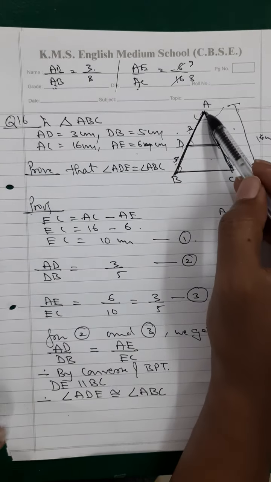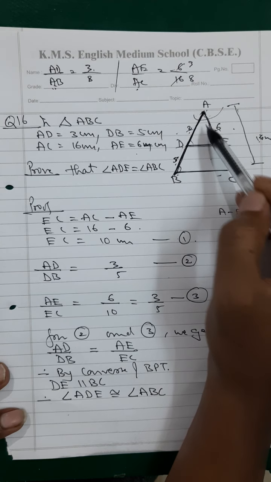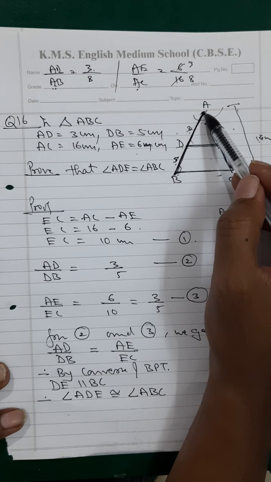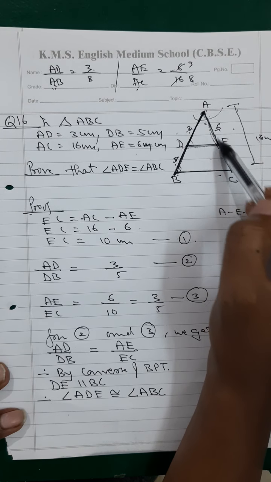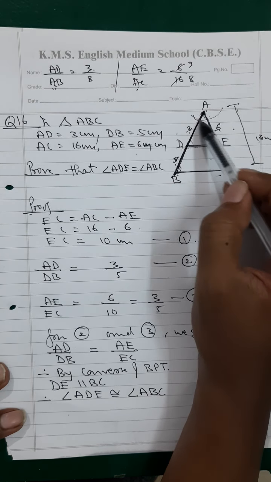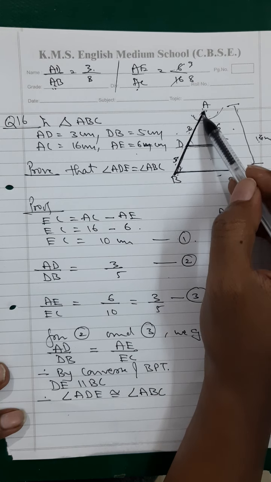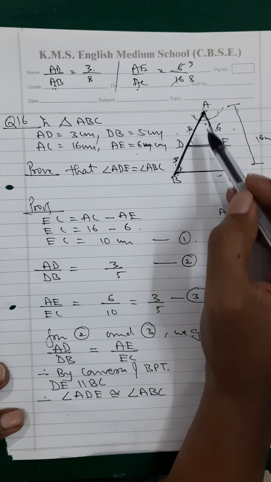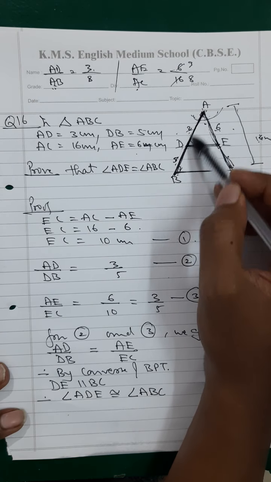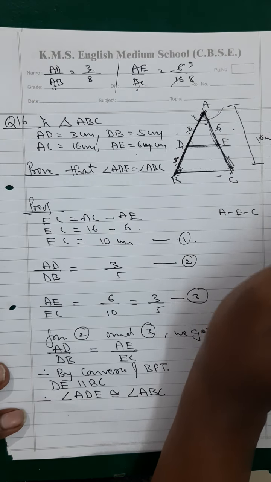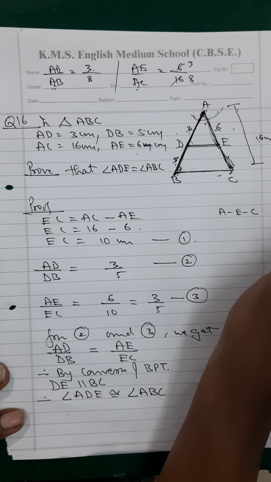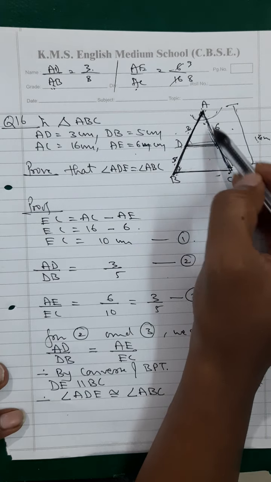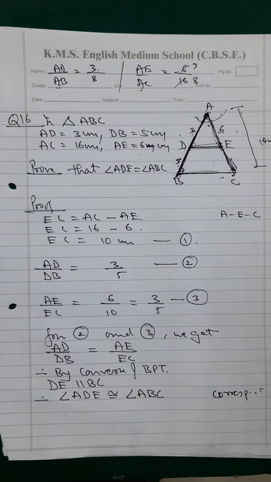So in triangle ADE and triangle ABC, AD upon AB is equal to AE upon AC, and angle DAE is congruent to angle BAC. Therefore triangle ADE is similar to triangle ABC by SAS criteria you will get. And then because corresponding angles of similar triangle, you will get angle ADE is congruent to angle ABC. You can do by that method also.